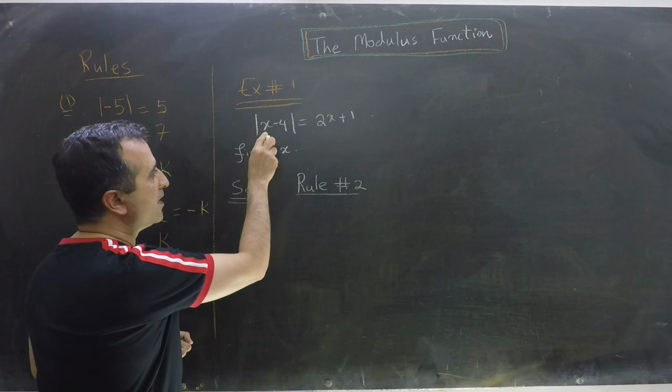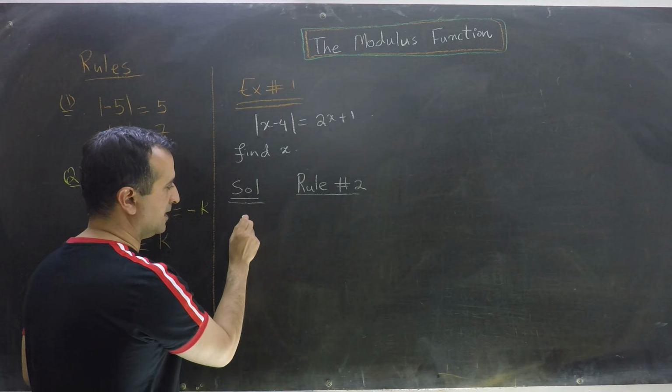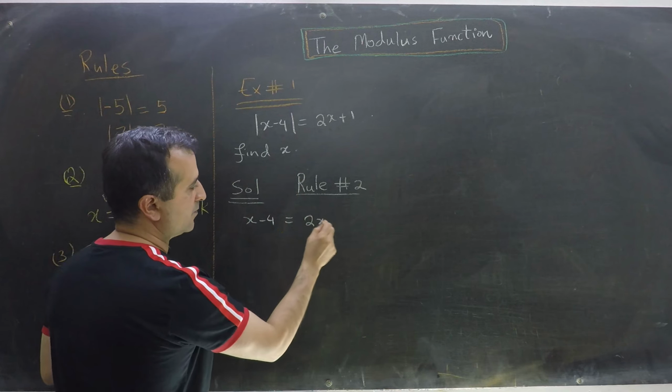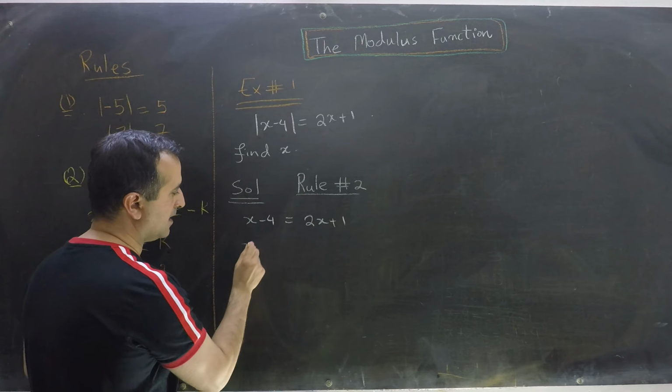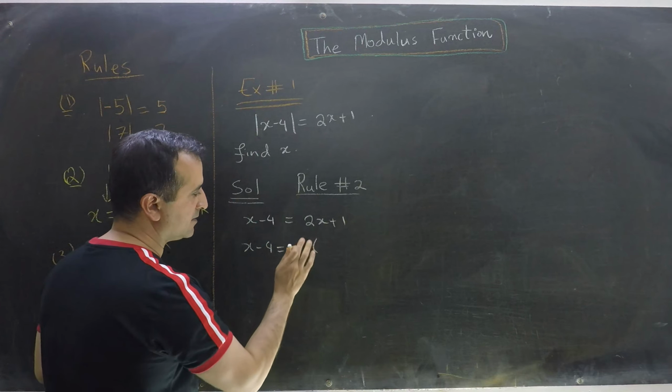If modulus of x minus 4 is equal to 2x plus 1, then x minus 4 is equal to 2x plus 1 and x minus 4 is also equal to minus (2x plus 1). Let's call this our equation 1 and this our equation 2. By solving equation 1 and equation 2, we will get two possible values of x.